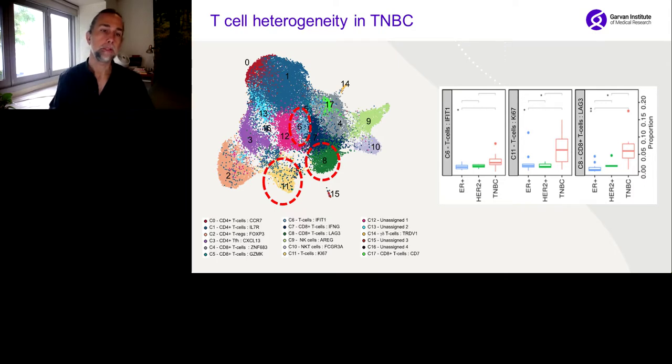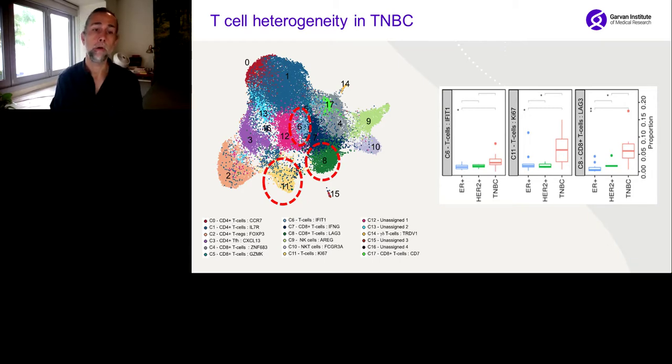But what's really interesting is that we see a really wide diversity of phenotype of T cells present within breast cancers and in triple-negative breast cancers. Most of these states, interestingly, exist in every patient. So it's not like one patient has type A and another patient has type B. Most of these states are existing in every one of the tumors that we observe.